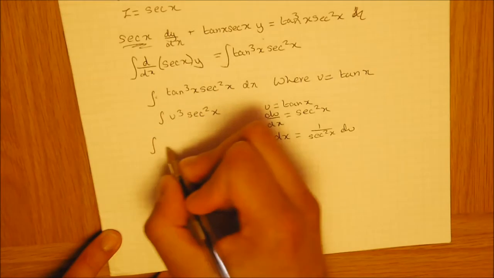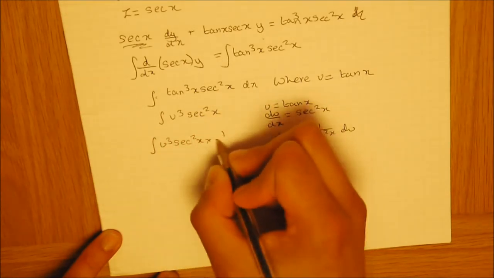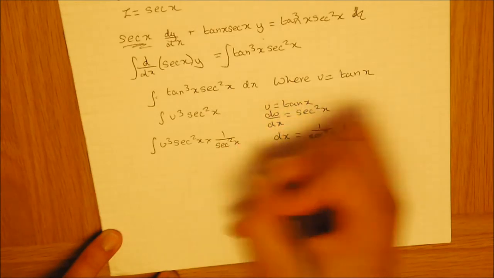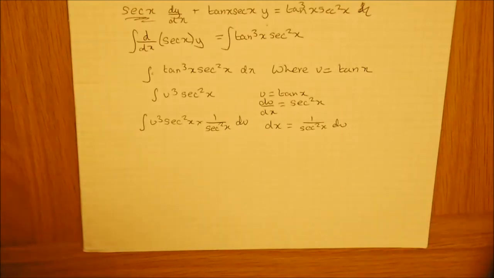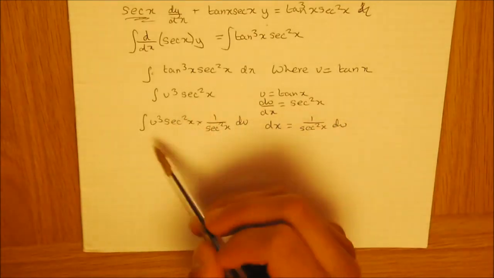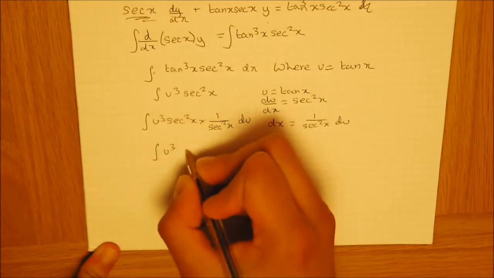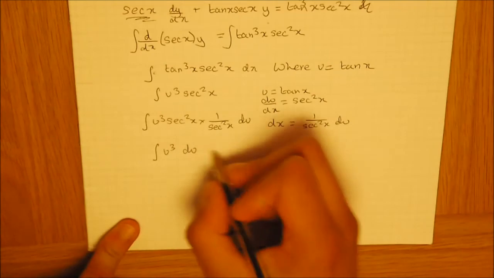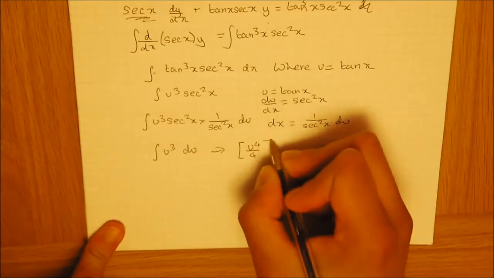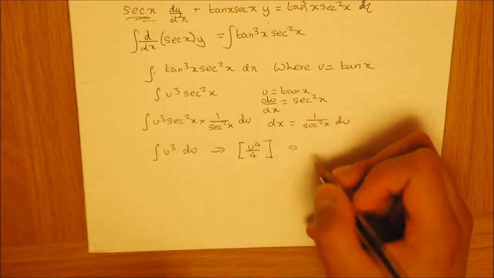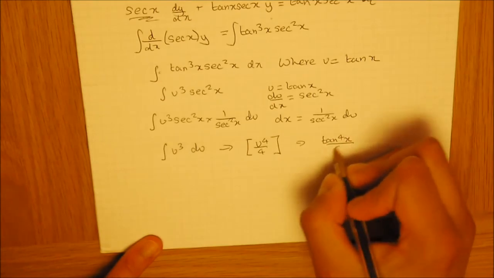So therefore what we have is u cubed sec squared x times 1 over sec squared x du, which is, to be honest, quite useful because, as we can see, the sec squareds cancel, which just gives us an integral of u cubed du, which obviously those of you who've done basic integration will know goes to u to the 4 over 4, and obviously because we haven't put limits on, it will be tan to the 4 x over 4.